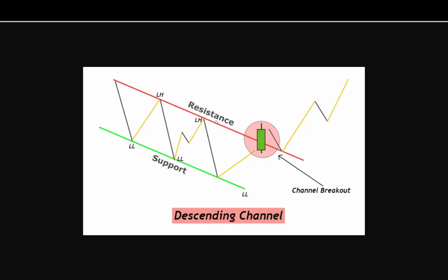So in case of a breakout, there are two scenarios of measuring your take profit. First off, you measure the distance between the low of the channel and the high of the channel.